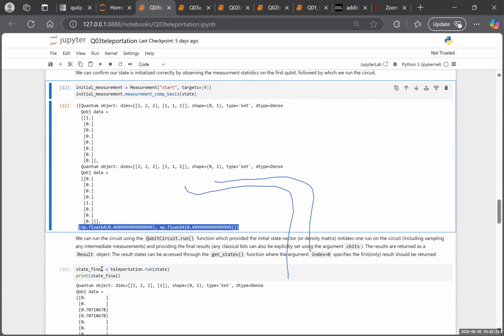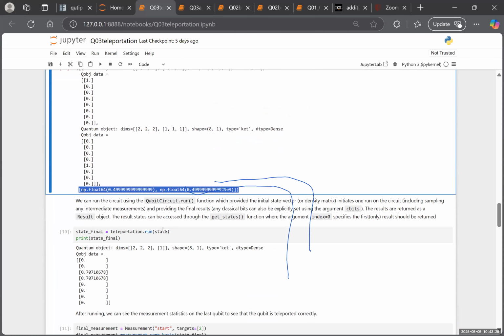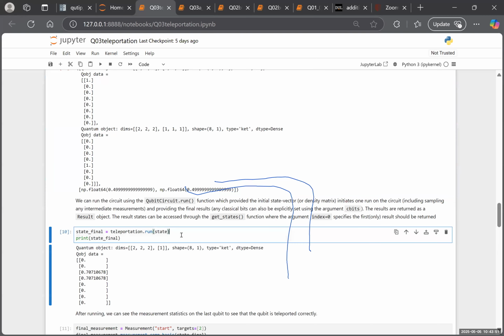Okay. You can run a circuit using QubitCircuit.run, which provides the initial state vector on the circuit, including sampling, and provides final results stored in cbits. Results are returned as a result object. Okay, let's run this.